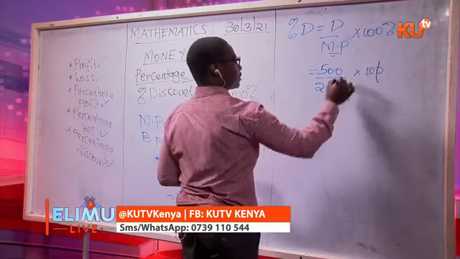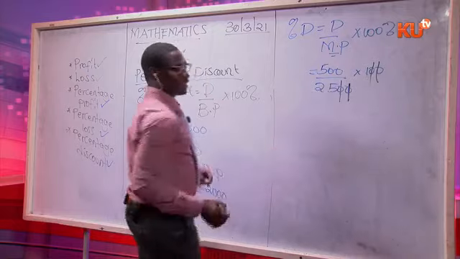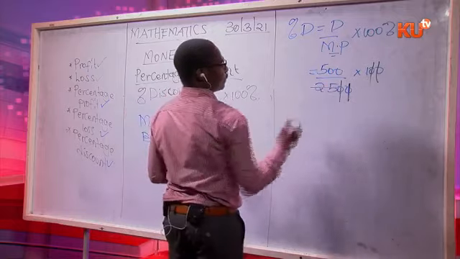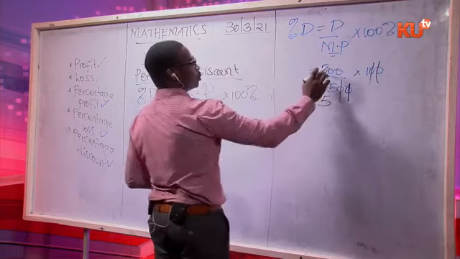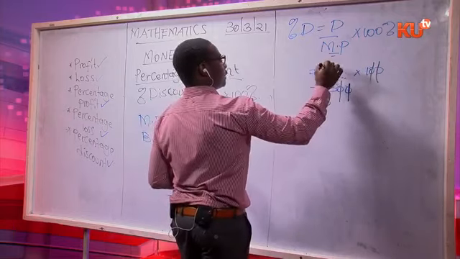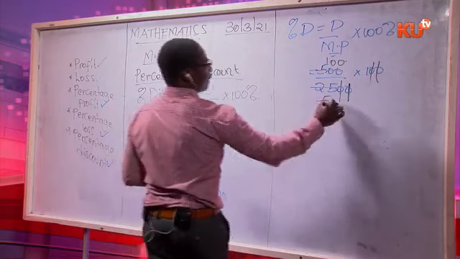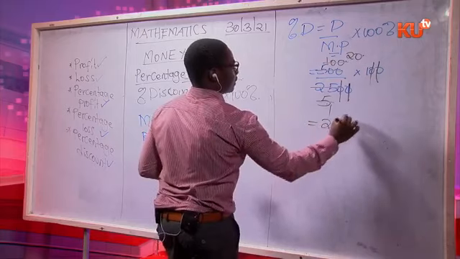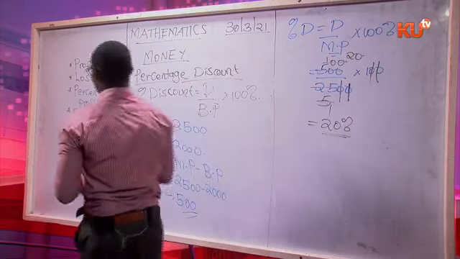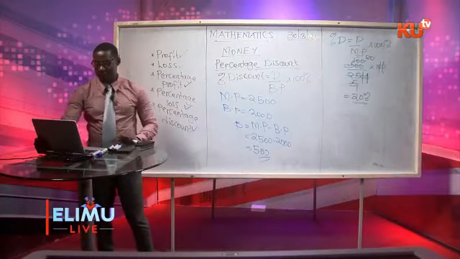So we have 2 zeros cancelling 2 zeros. Then we have 500 divided by 25. Now, 5 can go to 25 5 times. 5 into 500, that is 100 times. 5 into 10, 2. So that is 20%.